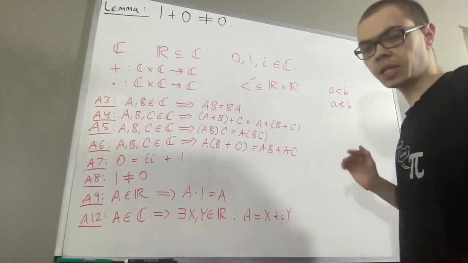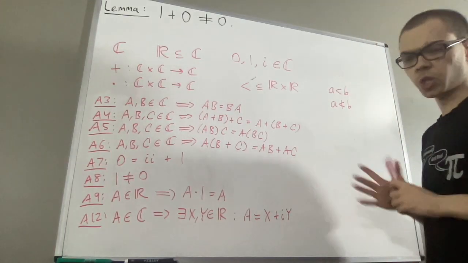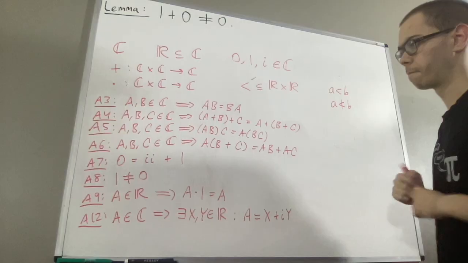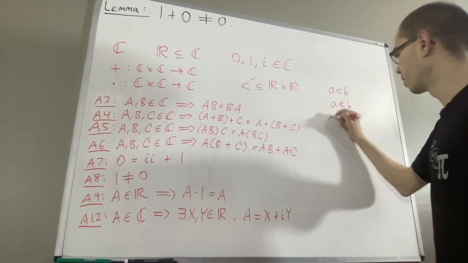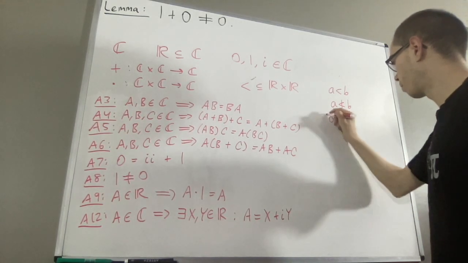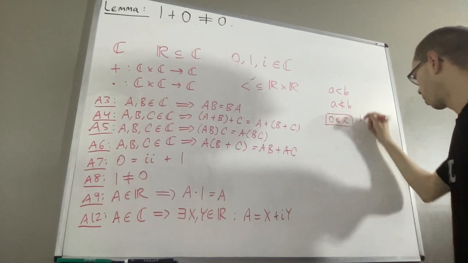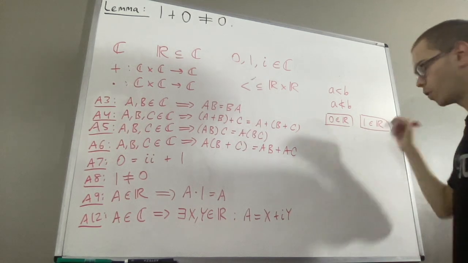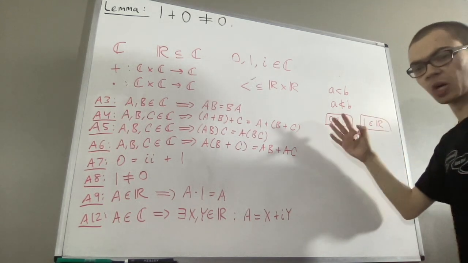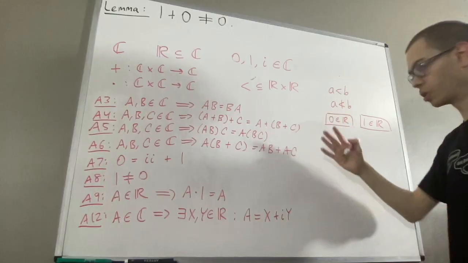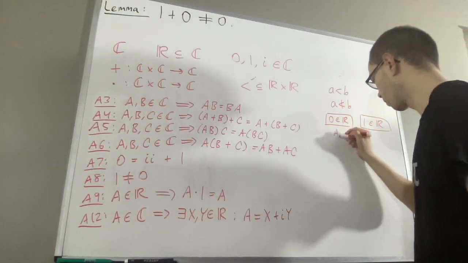We're also going to be working with all of the results that we have proven so far. We have proven that 0 is a real number. We've proven that 1 is a real number. We've also proven the left cancellation law of addition for real numbers, which says the following.